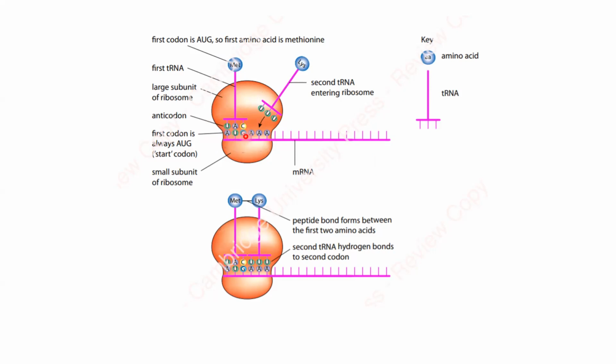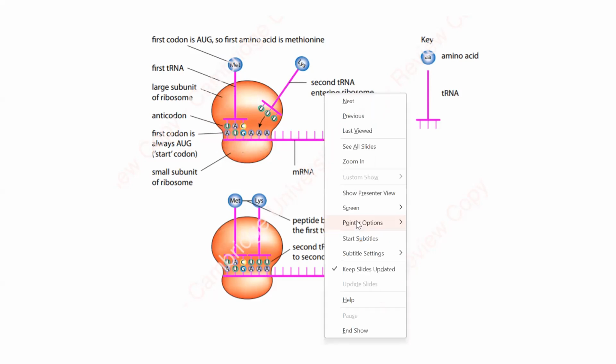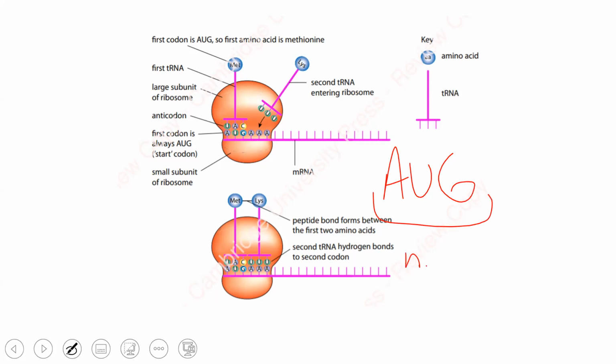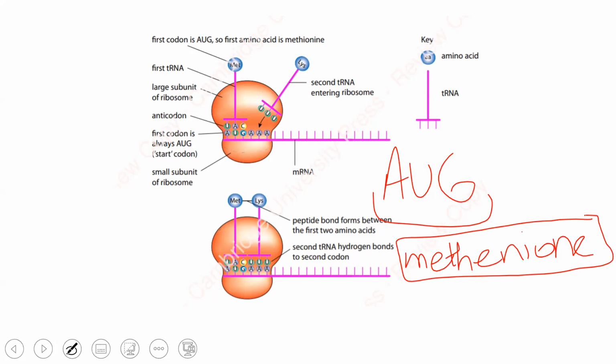All you need to do is remember AUG is for methionine. I'm going to write it down in case you missed it. So AUG is the triplet codon that starts for the basic amino acid that we need to start the chain, which is methionine. So very easy.